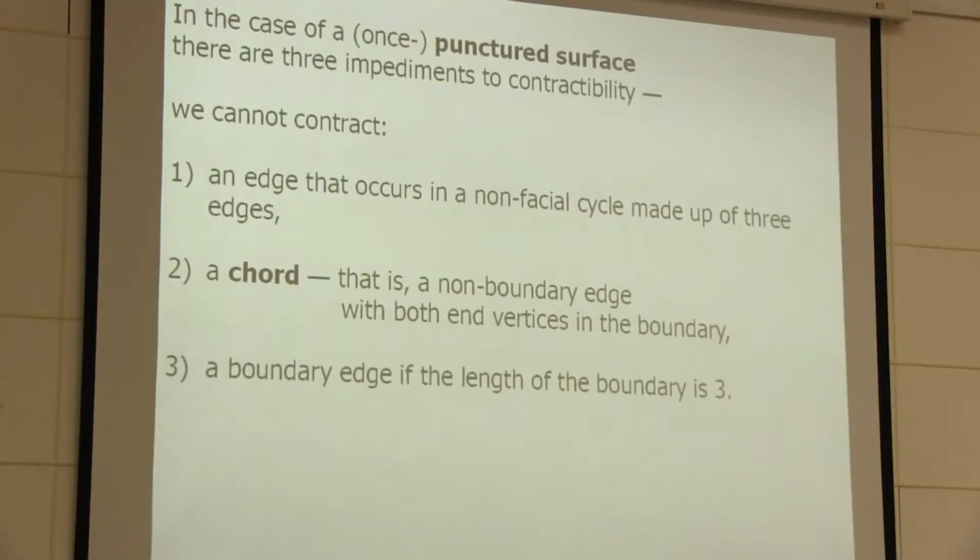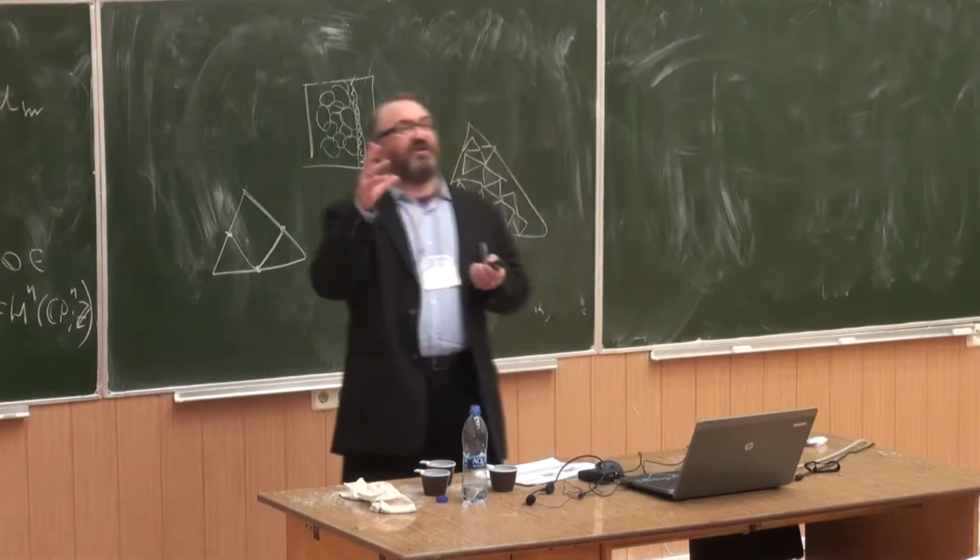So for a once-punctured surface, there are three impediments to edge contractibility. The first one is the same as before for the case of closed surfaces. You cannot contract an edge that occurs in a non-facial cycle made up of three edges. The second impediment is that you cannot contract a chord, which means a non-boundary edge.